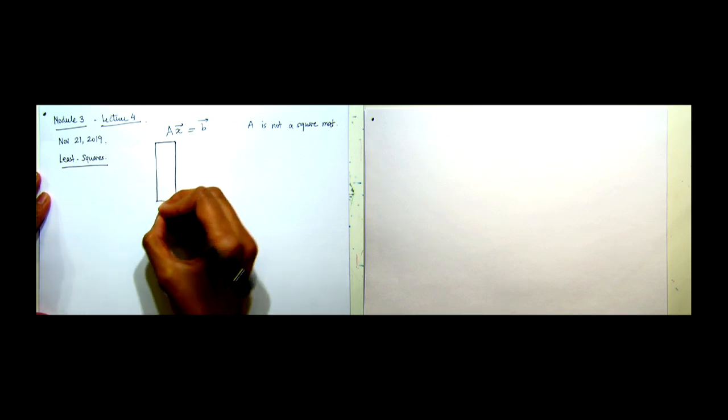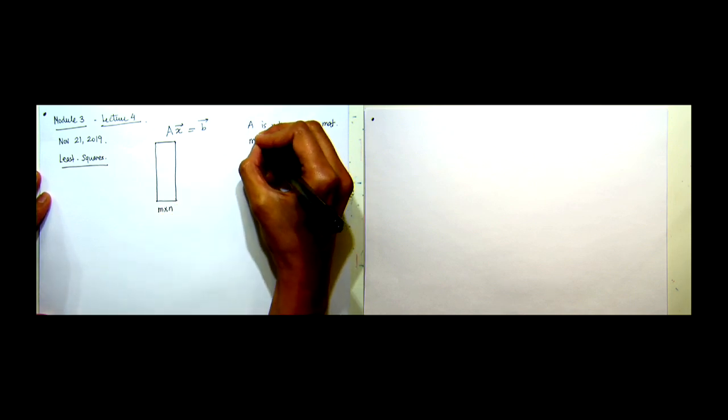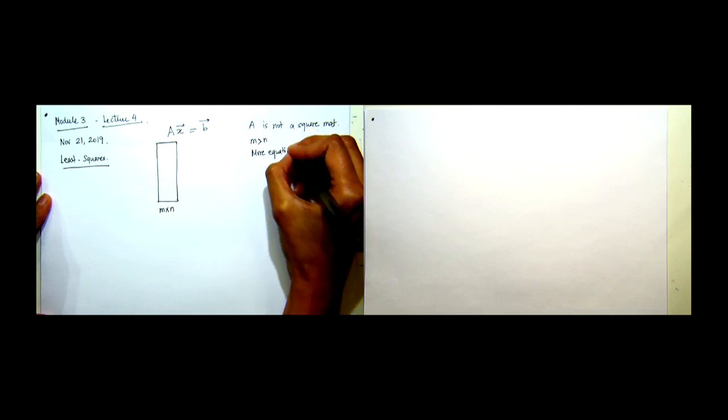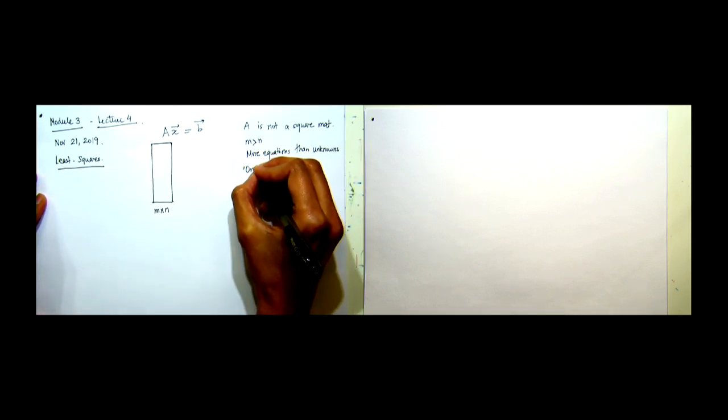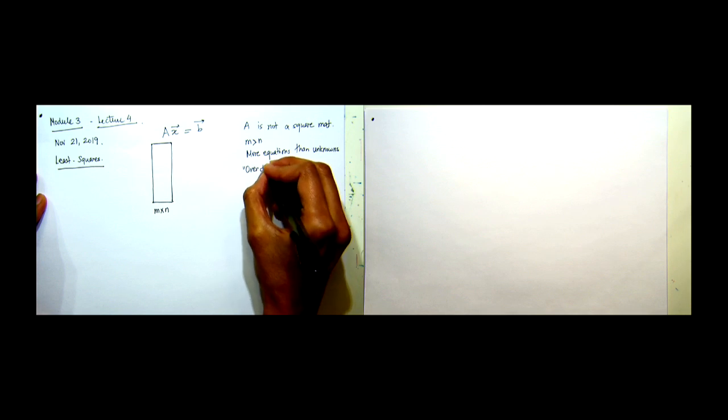So I have, let's say, an M by N matrix A, and M is greater than N, so I have more equations than unknowns. This is sometimes called an overdetermined system.